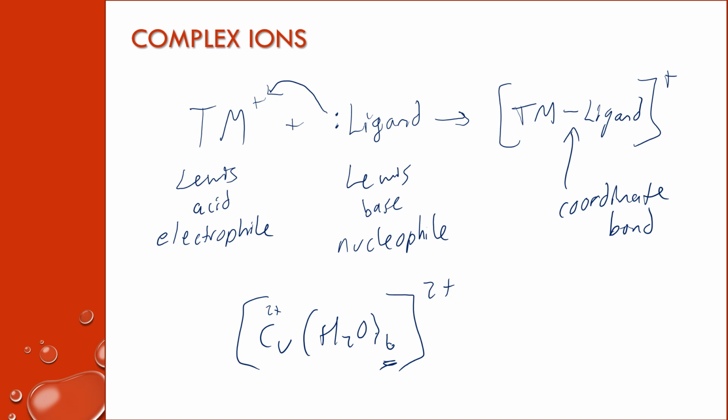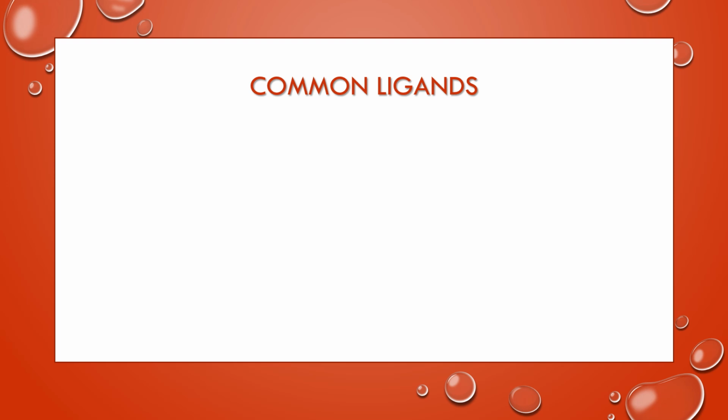Some really common ligands that you'll see that are neutral are water, which we just talked about. You'll also see ammonia because it has that lone pair as well. And you might see carbon monoxide, because there are a bunch of lone pairs on those. Those will complex with a positively charged transition metal ion.